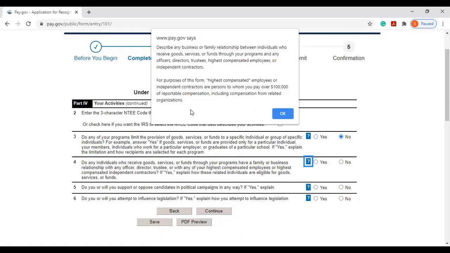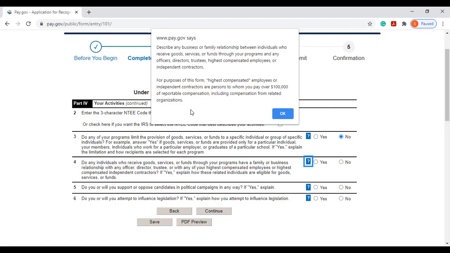So when you see the reference to highest compensated employees or independent contractors, we're talking about people who are being paid over $100,000 of reportable compensation.